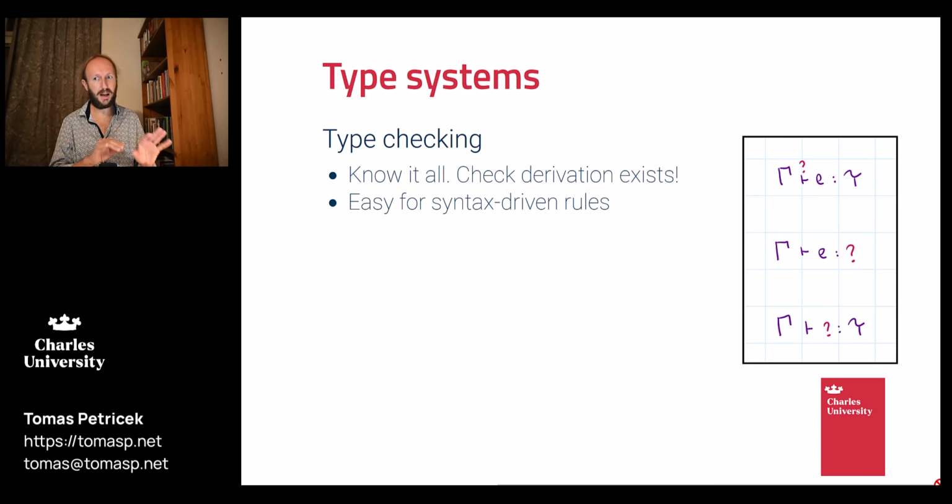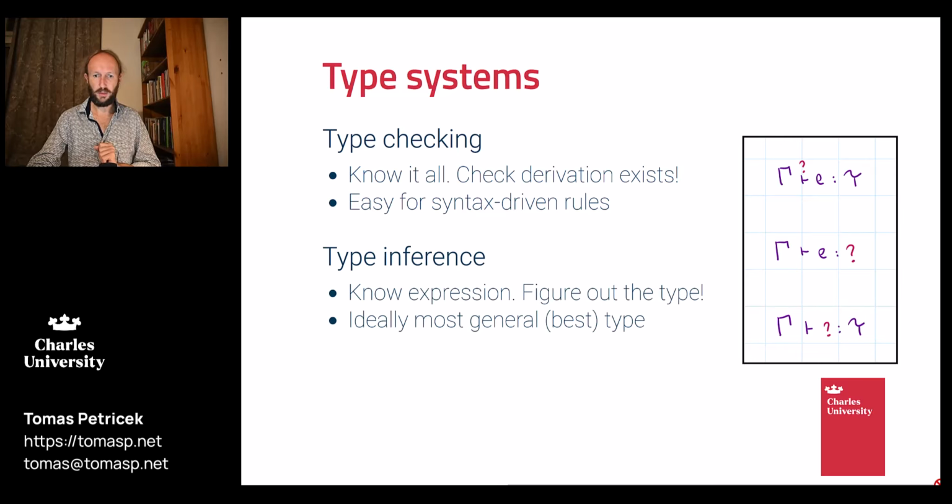We know gamma, we know E, we know the type tau. And we just want to check that there really is a typing derivation. So the problem of type checking is we have all the information and we want to check that everything actually matches correctly. This is relatively easy, although even here, if you have some more tricky rules, it can get complicated.